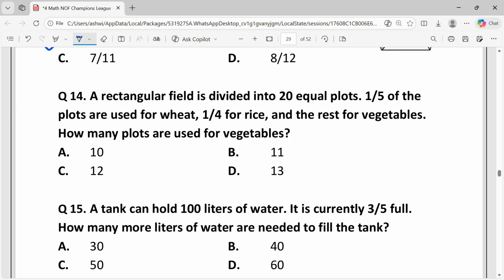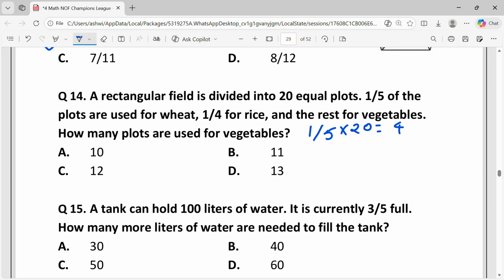Question 14. A rectangular field is divided into 20 equal plots. 1 by 5 of the plots are used for wheat and 1 by 4 of the plots for rice, and the rest for vegetables. How many plots are used for vegetables? The plots used for wheat is 1 by 5 into 20, that is equal to 4.